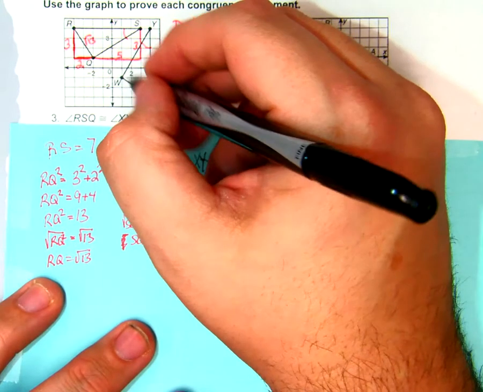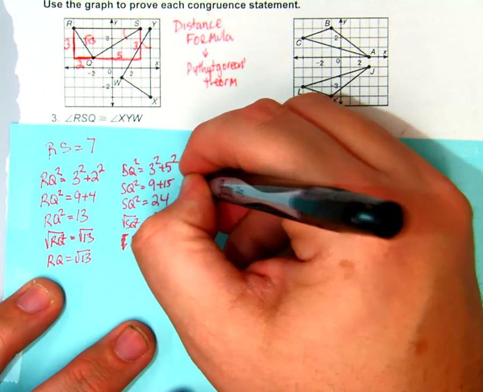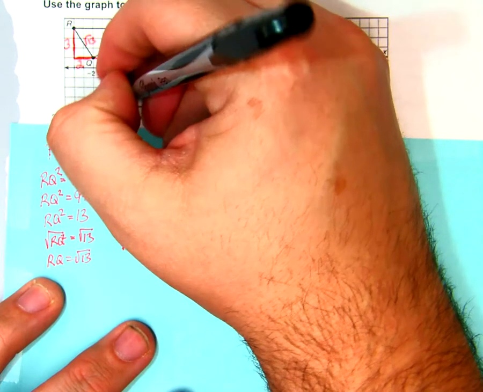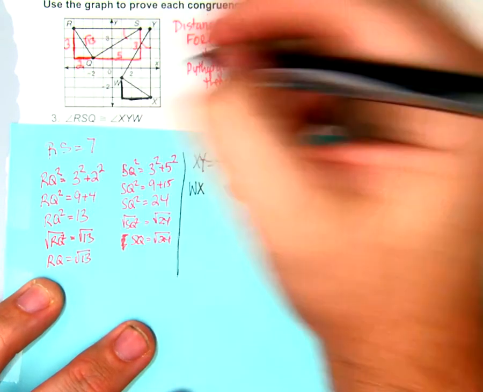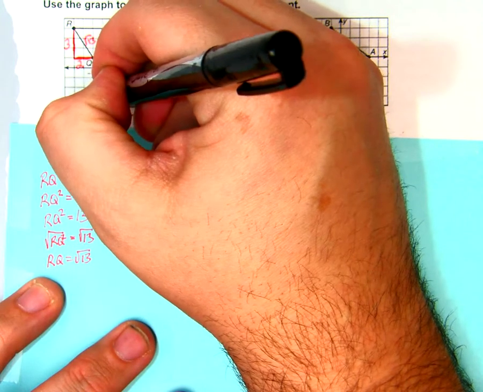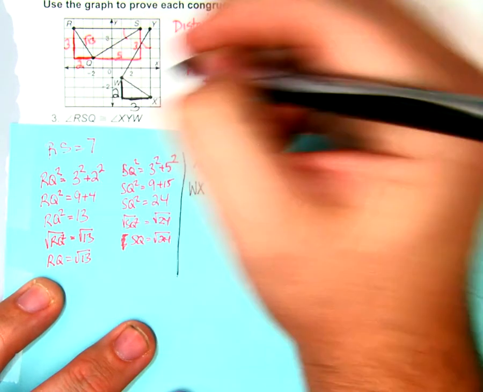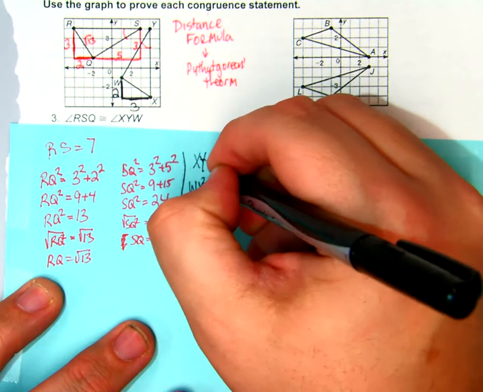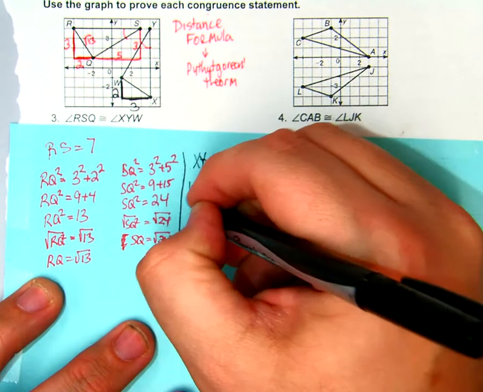Now I'm going to work on WX. If I create the horizontal and vertical, I get 2 and a 3. That looks familiar for here. So WX squared is equal to 2 squared plus 3 squared.